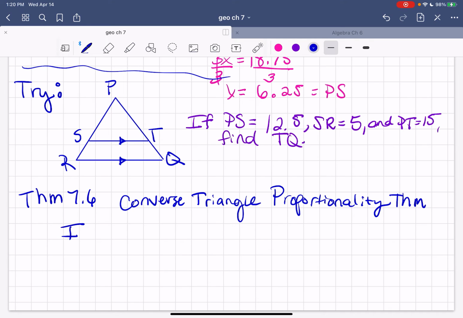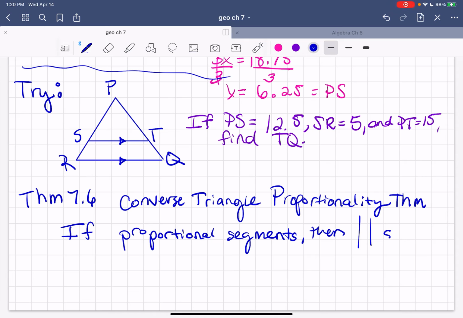So this is the summary: if proportional segments, then parallel sides. And that's referencing 7.5. So that's just the opposite of 7.5.